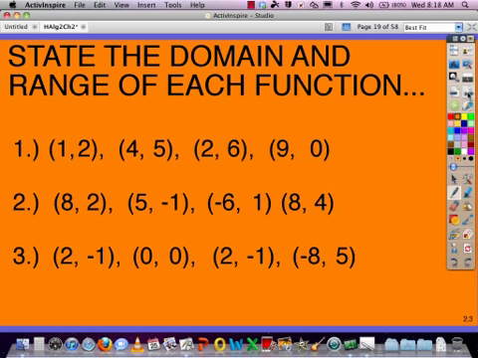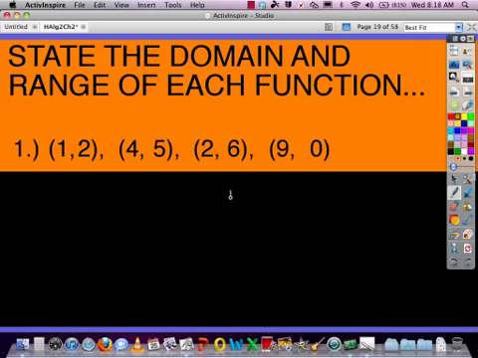And now let's look at some ordered pairs. What if I didn't give you a graph at all? What if I said, here's some ordered pairs? You can see they're all x, y ordered pairs. So let's talk about them one at a time. Number one, you can see the ordered pairs (1, 2), (4, 5), (2, 6), and (9, 0). If we say state the domain and range of this function, we're looking for all possible x values.